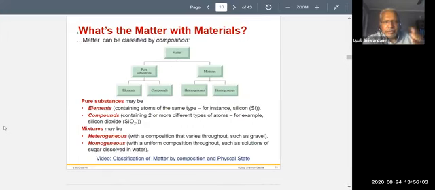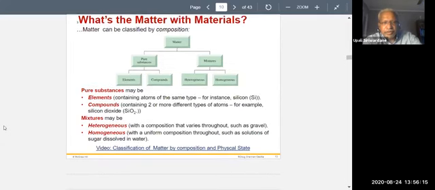Matter could be classified as liquid, solid, gases based on the physical state. And matter also could be classified based on composition, what it is made up of. Basically, matter based on composition is two main things.